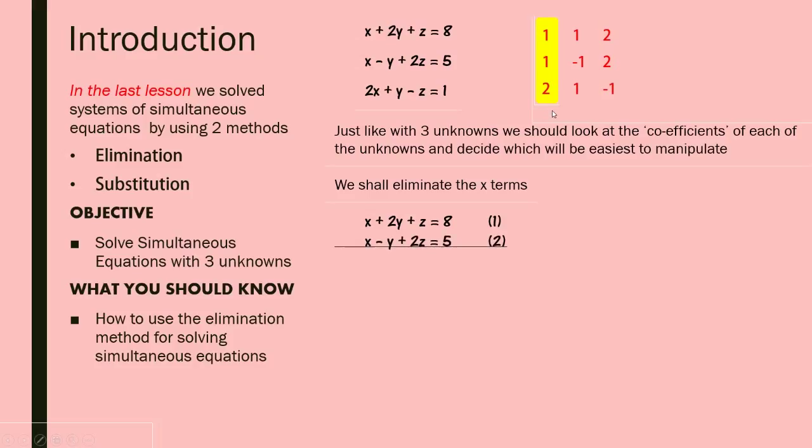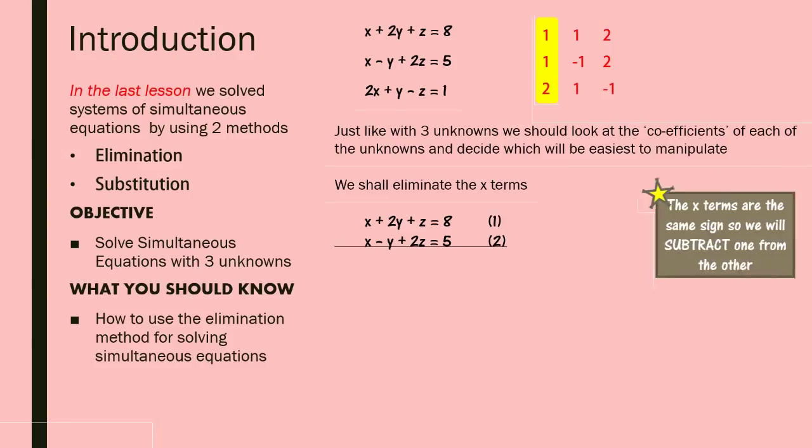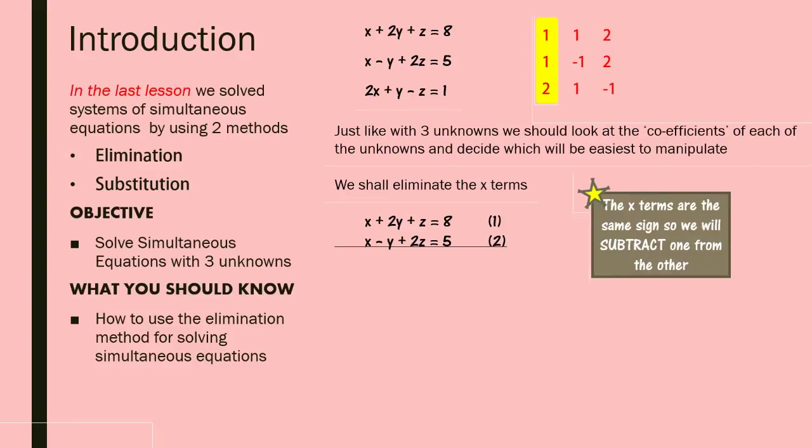So I'm going to take the first two equations together, 1 being x plus 2y plus z equals 8, and equation 2 being x minus y plus 2z equals 5. The x terms are both the same sign, so we're going to subtract, take one equation away from the other, and the x's will cancel.